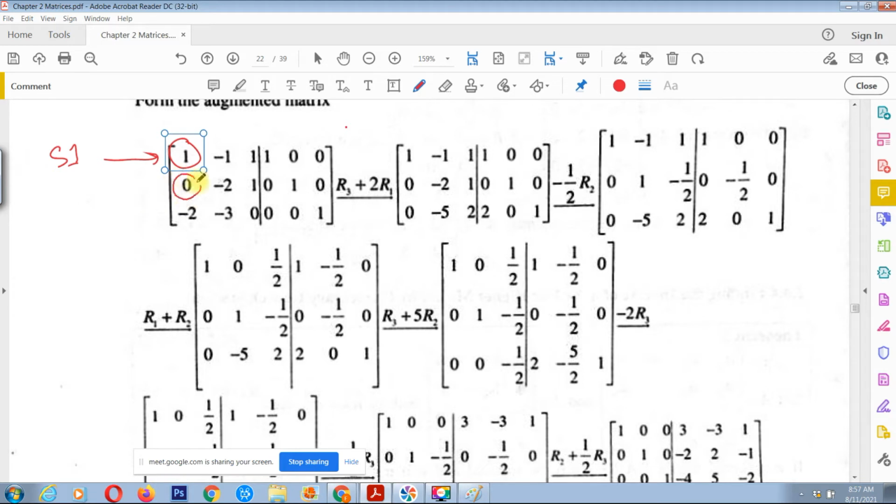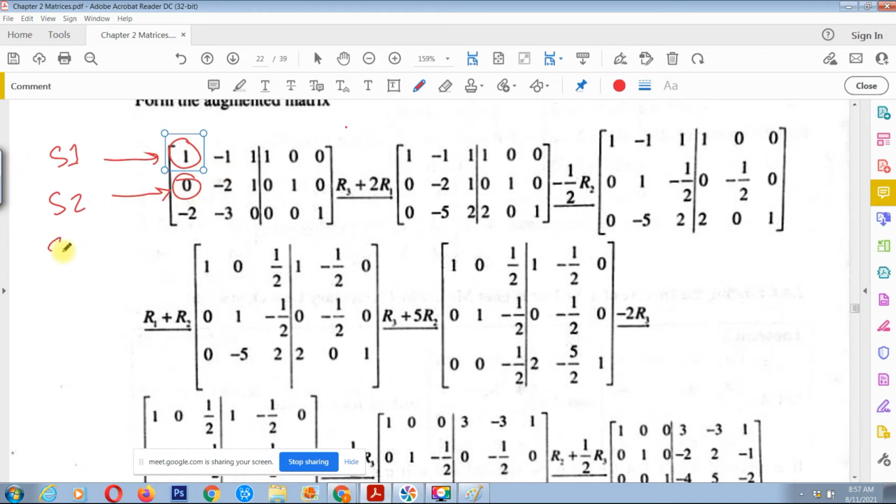Step 2: make this 0. In this example, it's a good example because they already have 1 and 0, so step 2 makes this 0.